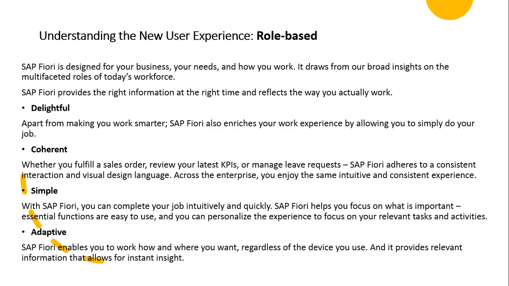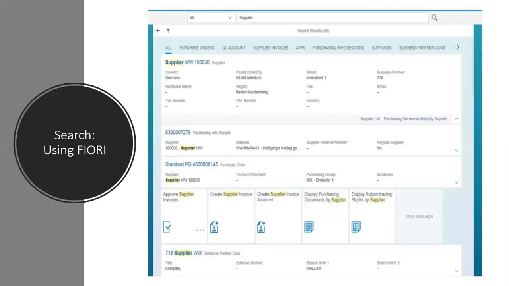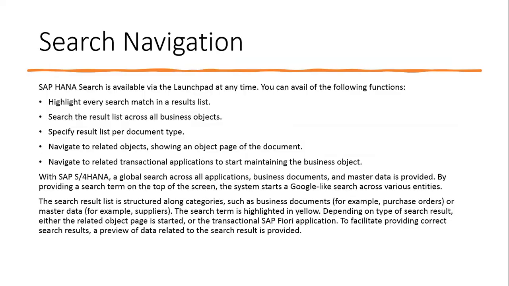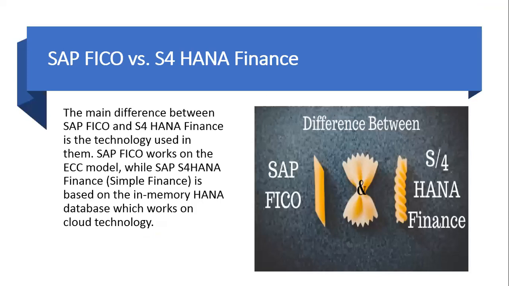It's adaptive, enabling you to work how and where you want, regardless of the device you use. So these are the four core principles of the role-based functionality in SAP. Of course, we have the search navigation area where you can search for any information you're looking for within the SAP S4 HANA space.